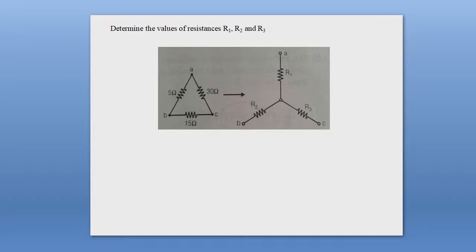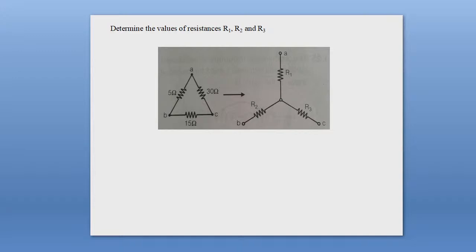In this circuit, you see a delta network consisting of three resistances having values 50 ohm, 30 ohm, and 15 ohm. You convert this delta network into a T network, and the values of the T network arms are R1, R2, R3.